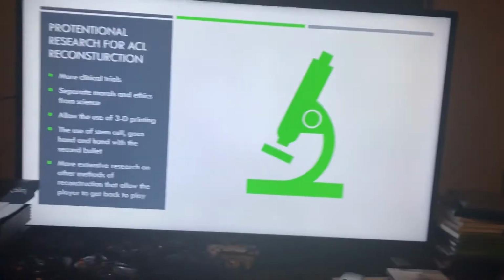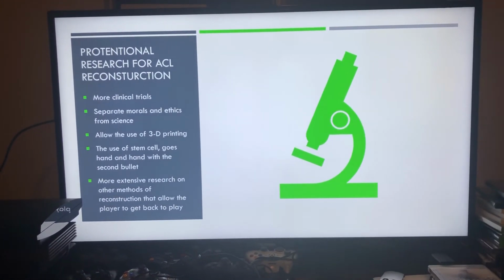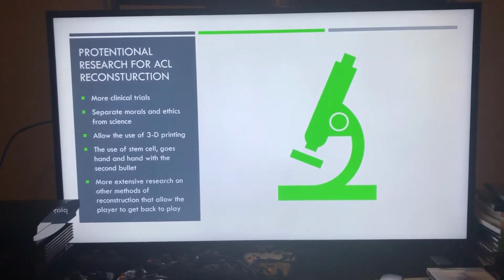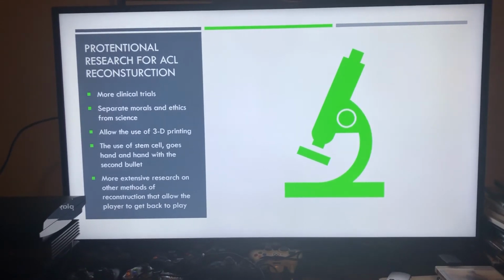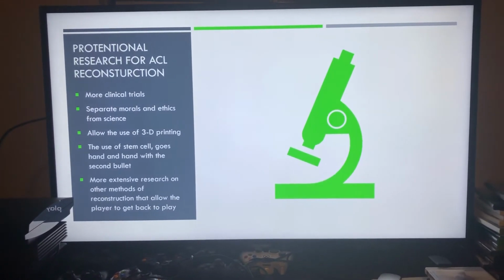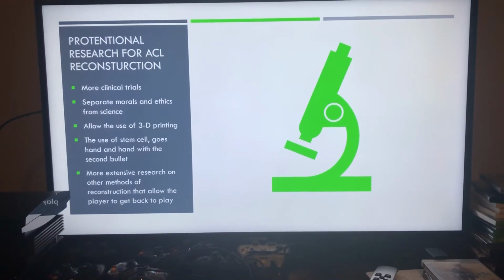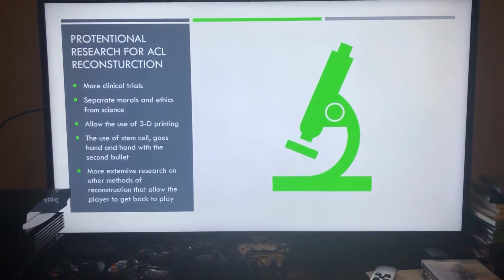And again, this is where we come into some further research and development. More clinical trials, separate morals and ethics from science, which again goes to the stem cells. Allow the use of 3D printing, which goes into computer programming. The use of stem cells goes hand in hand with separating the morals. And also more extensive research on the methods of reconstruction to allow players to get back in play.